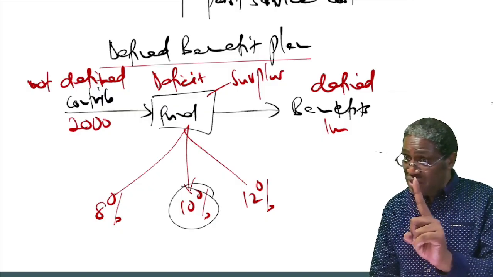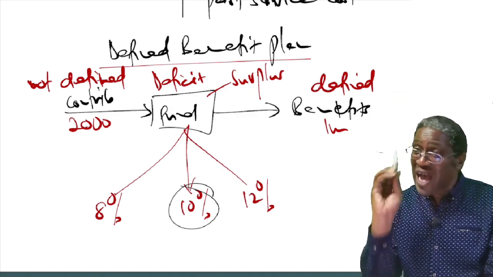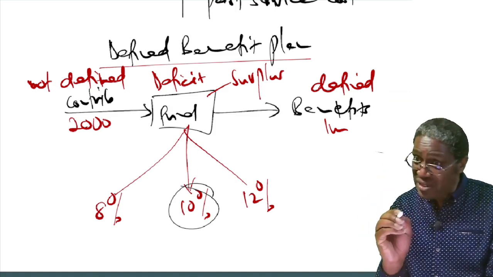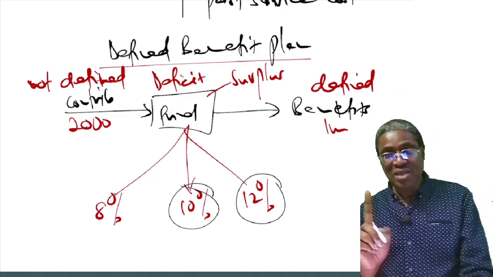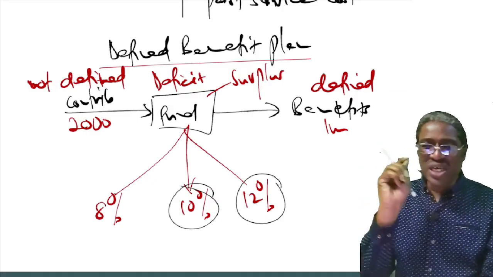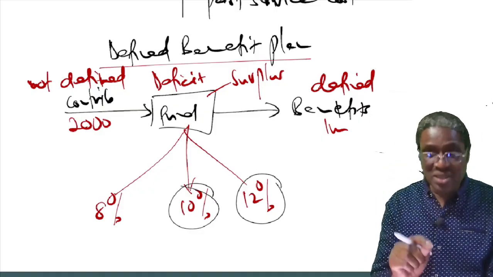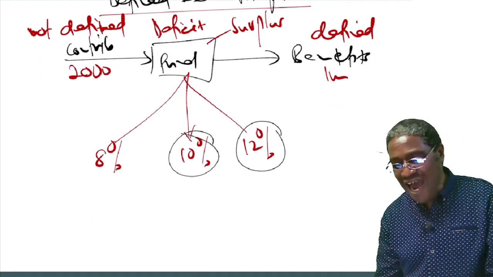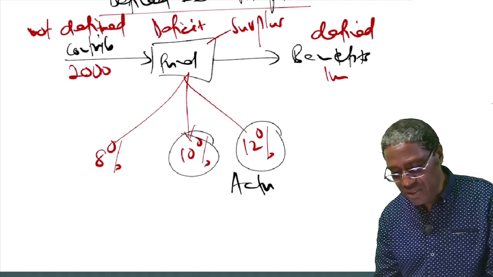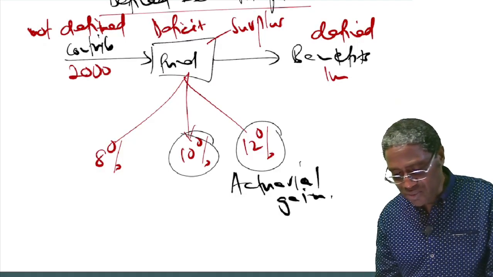But if the actual earnings in the fund exceed the projected earnings, then we say this fund has an actuarial gain.